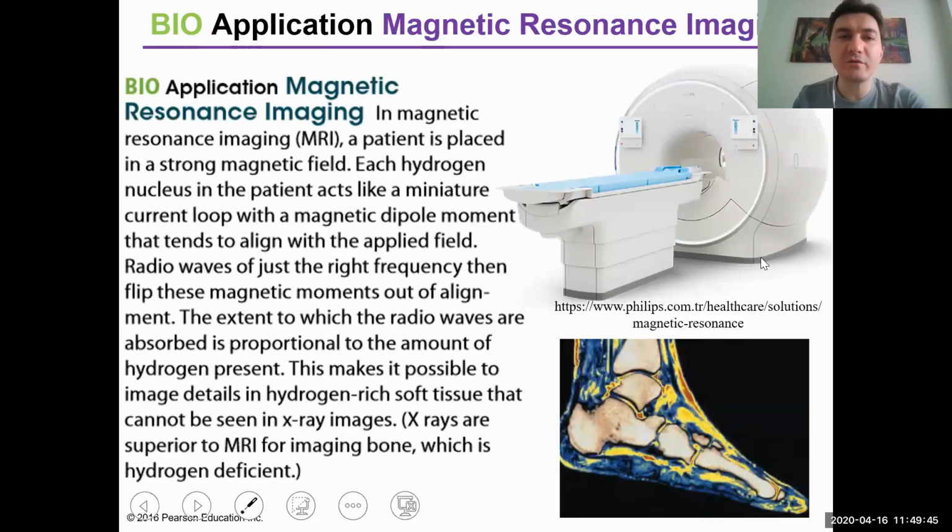Then let me continue with a bio application, magnetic resonance imaging, which is widely used in hospitals in order to get the picture of the body. Here you see a magnet, which is a huge electromagnet. There is a solenoid or a coil here, okay?